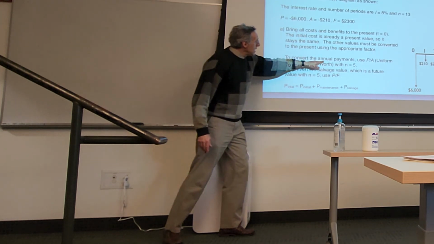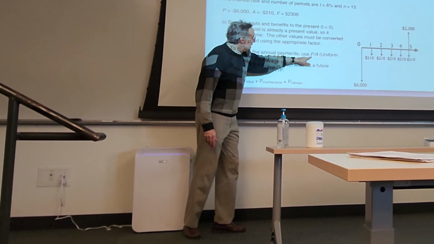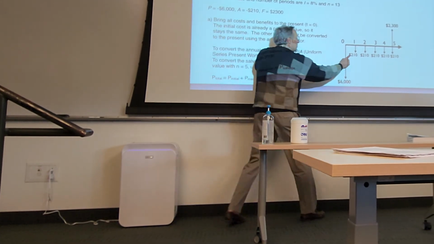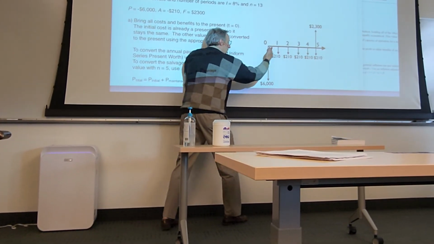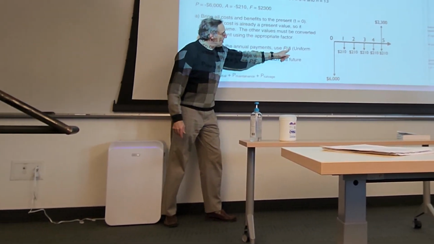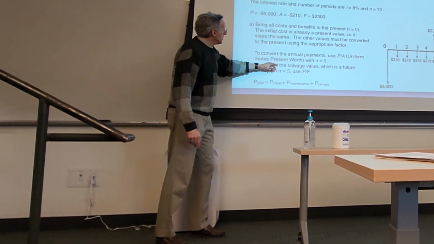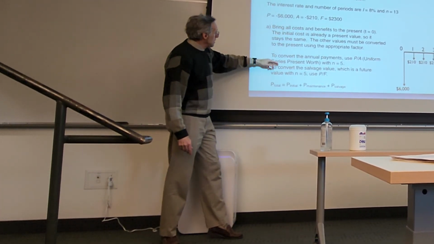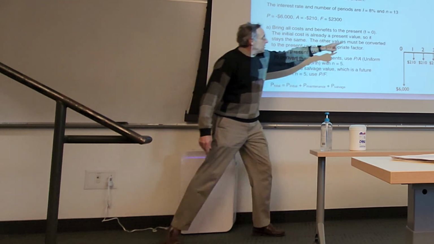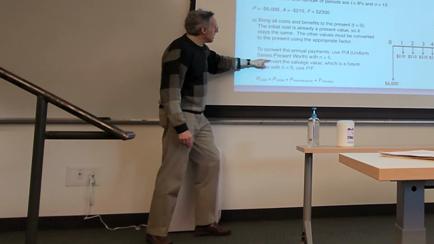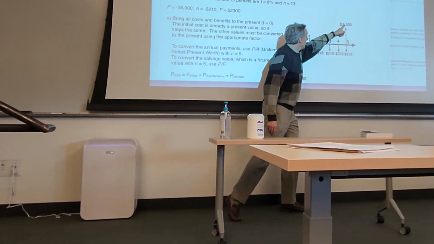To convert the annual payments, we use P given A. Our A is 210. We want to bring it to the present, so P given A at 8%, the interest rate here. At the end, we've got $2,300 of income. That's F, future.